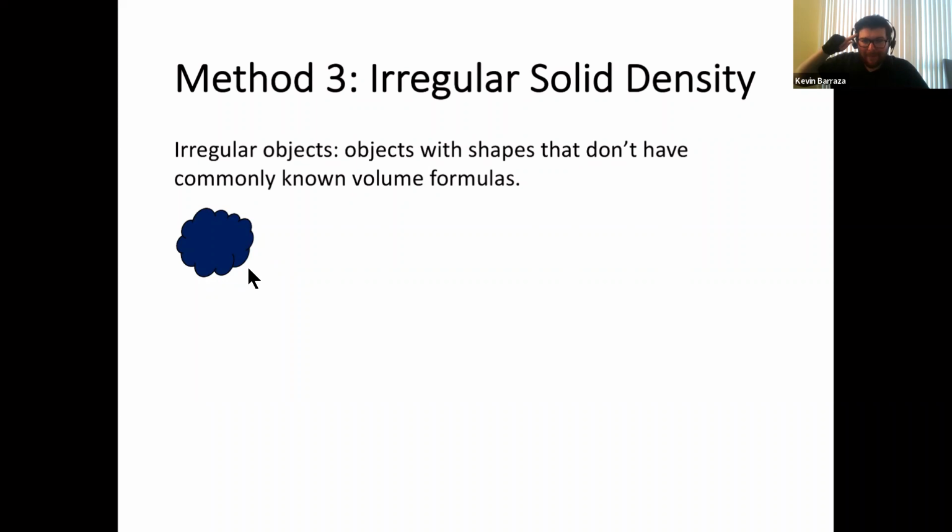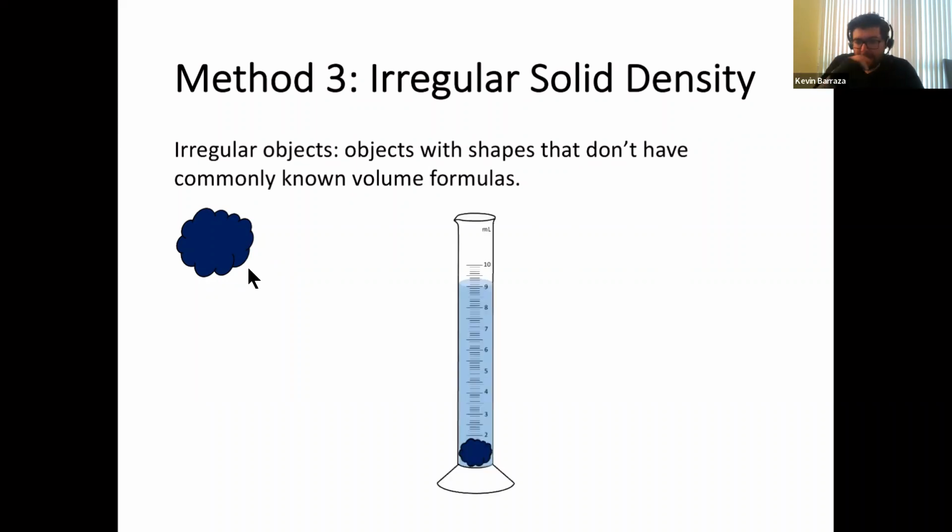Think back to the pogo, right? It's the same thing as the pogo. When we don't have a formula to use for dimensions, instead we can use, remember, this is called volume displacement.